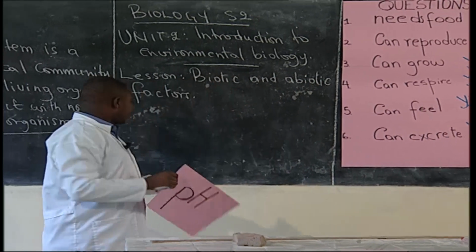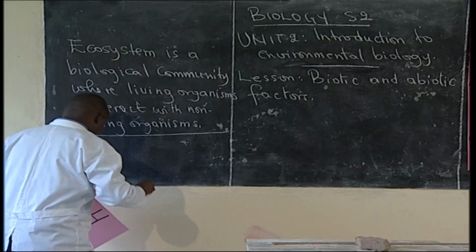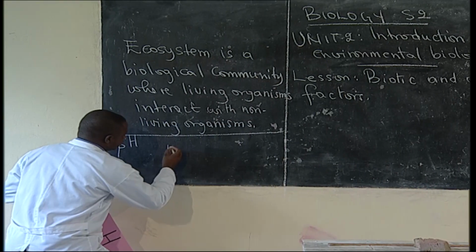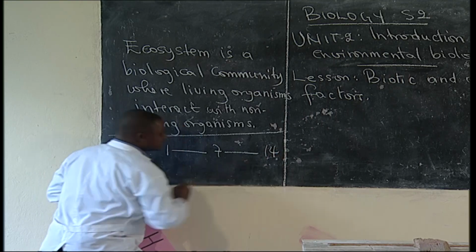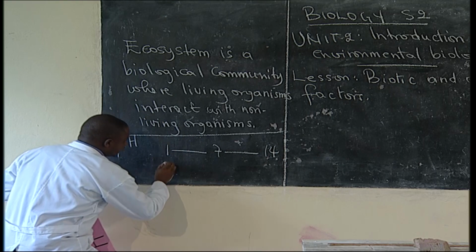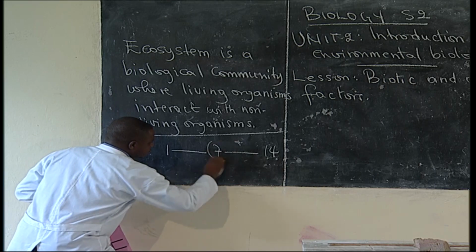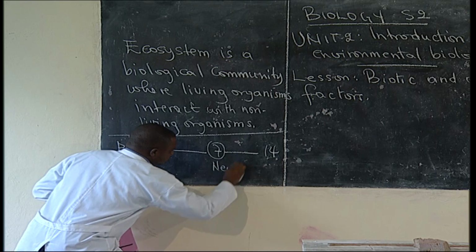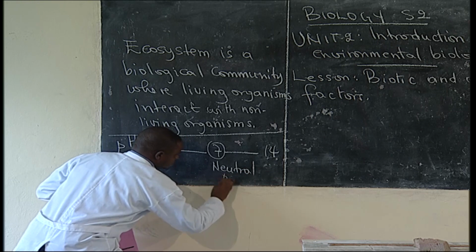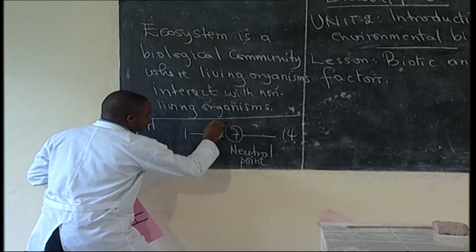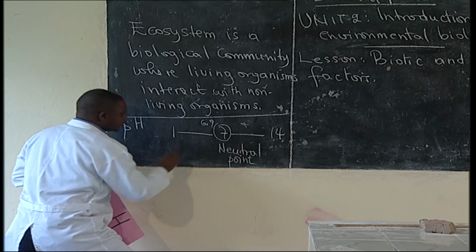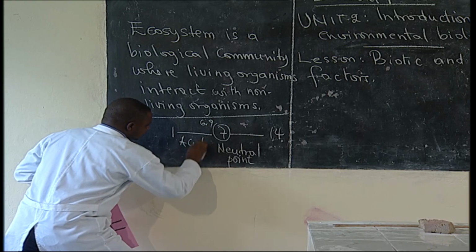Remember, it has the pH scale from 1 to 7, then from 7 to 14. From this point, 7, this is the neutral point. And then from 1 up to 6.9, this one is acid.